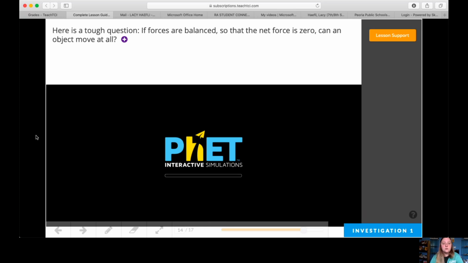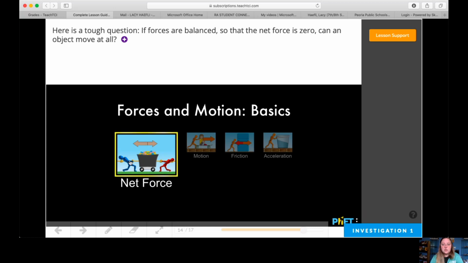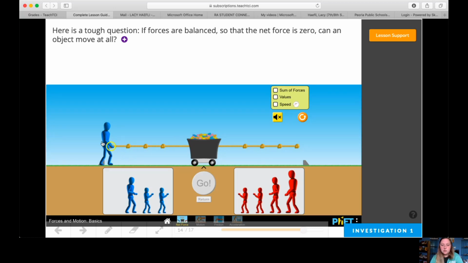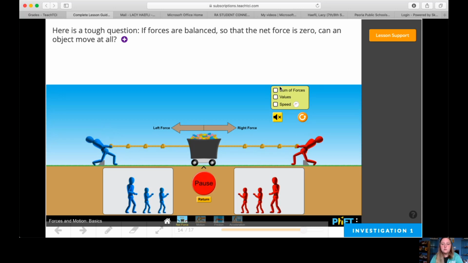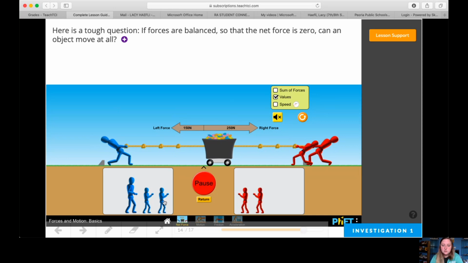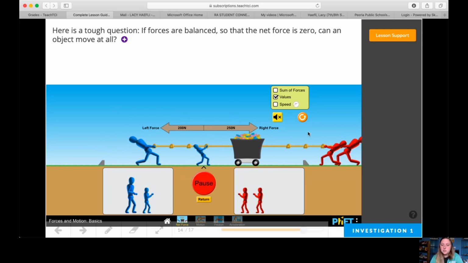Okay, so if the forces are balanced so that the net force is 0, can the object move at all? Well, we just kind of saw that. So when we put 2, they are equal. Sum of the values are both 150 newtons. The object does not move. However, as soon as I add another person to another side, it does change.